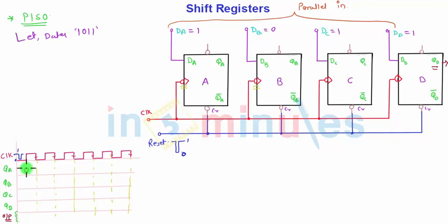So what we have here is 0 0 0 0. The output will also be 0 because QD is the output. Now for the first clock cycle, data is parallelly in, that is DA will be 1, DB will be 0, DC will be 1, DD will be 1, 1 0 1 1, that was the data.